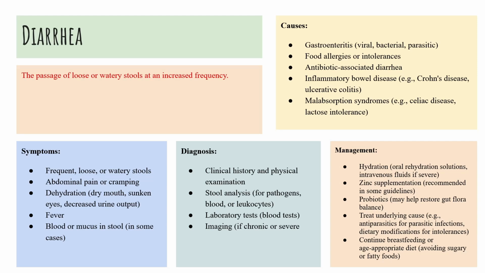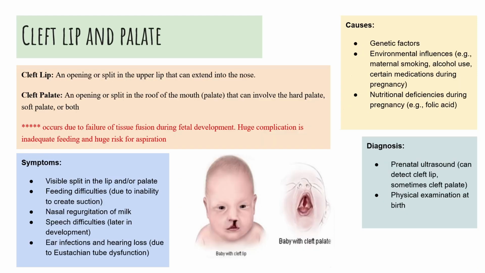Next, we have cleft lip and palate. Cleft lip is a congenital abnormality that occurs due to failure of fusion of the soft tissues or bony structure during the fetal development period, right? In cleft lip, there is an opening.